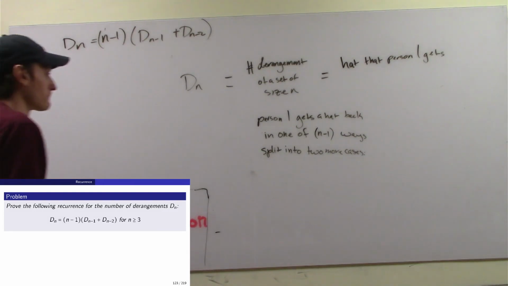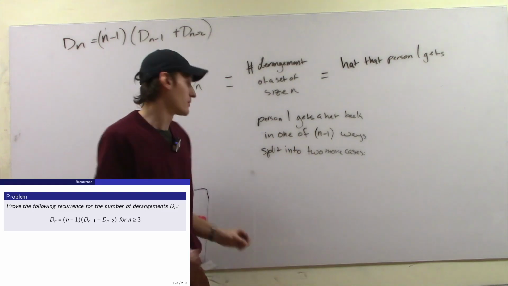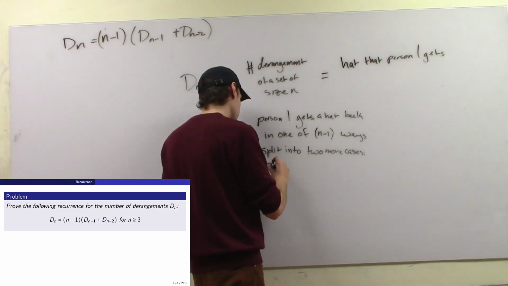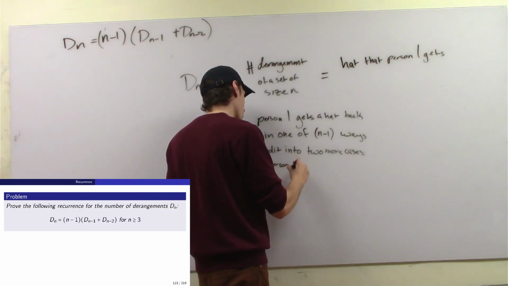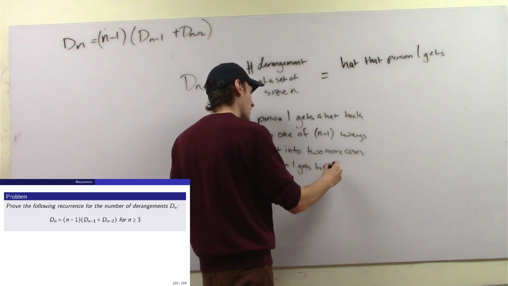First off, person 1, we're going to say they get hat i. Person 1 gets hat i.